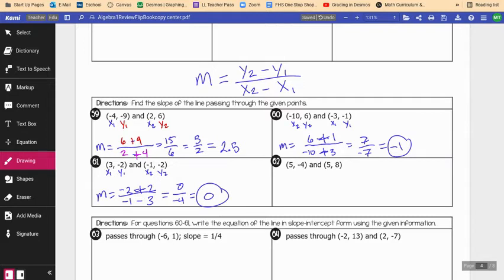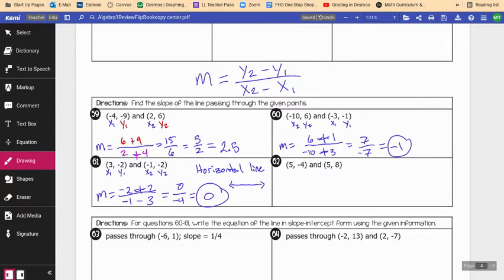So we have a slope of 0. A slope of 0 is simply a horizontal line. So my line's going to be level. It's going to look like that when I graph it, when I connect those two points.